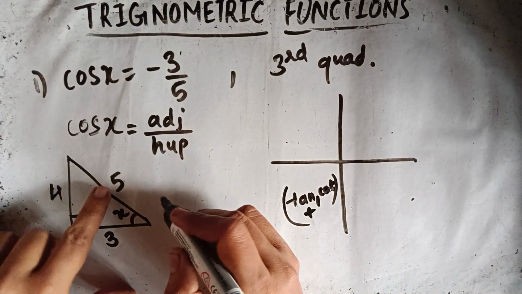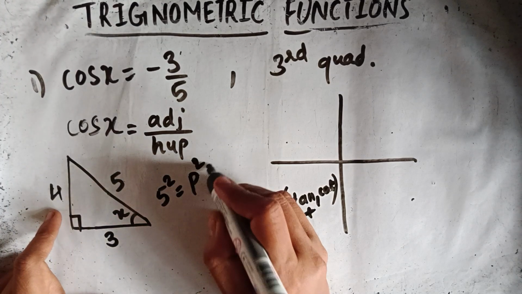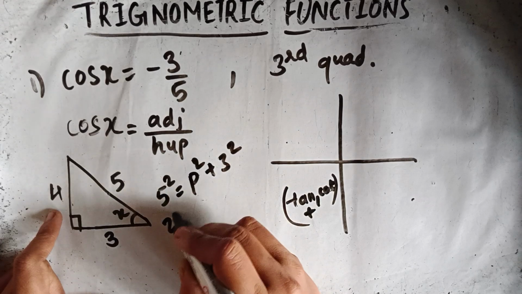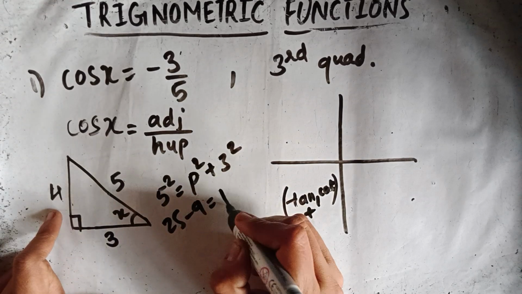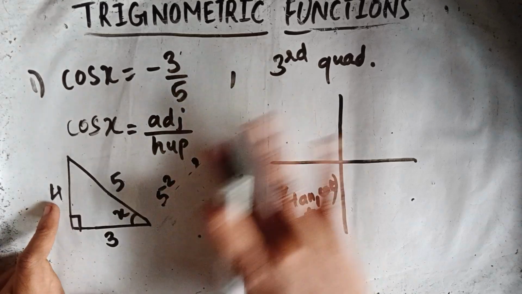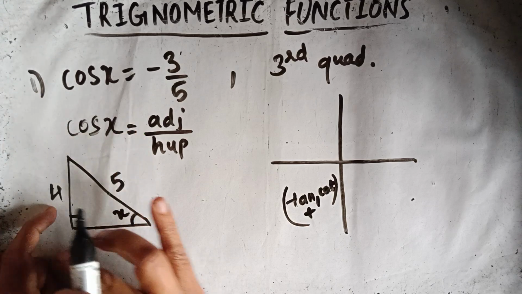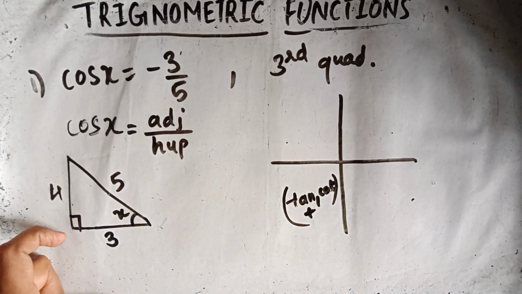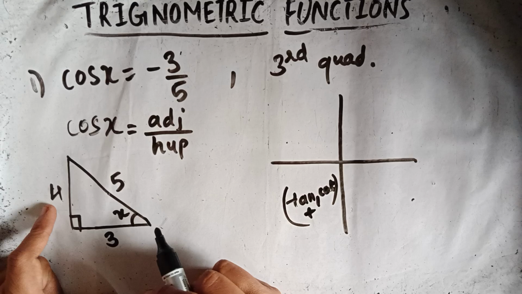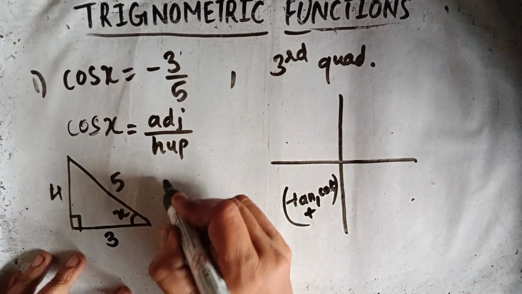That is 5 square is equal to, say this is p, 3 square, so this is 25 minus 9 equal to p square, which is 16, so p is 4. Hypotenuse square equal to the sum of the squares of other two sides. So this is 4.